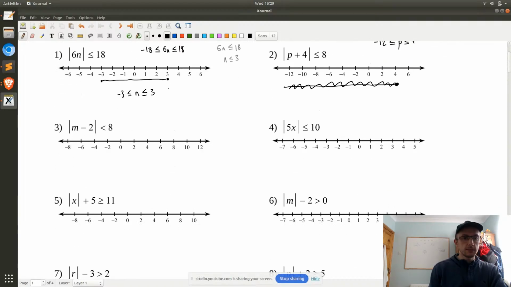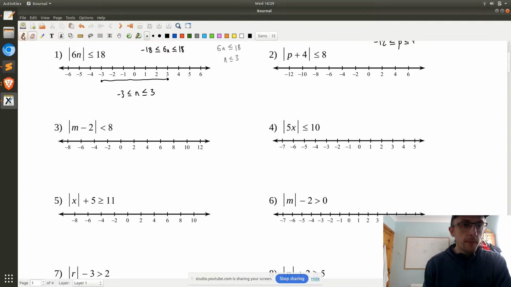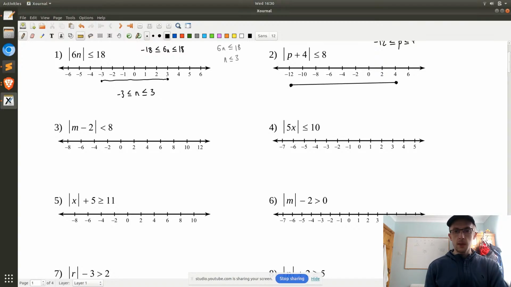Not so bad. But we want to graph it accurately. So we'll place the filled in dot underneath 4 and the filled in dot underneath -12 and connect them like that.